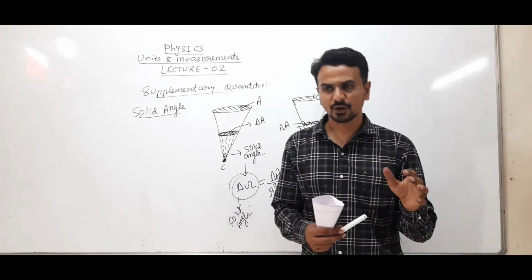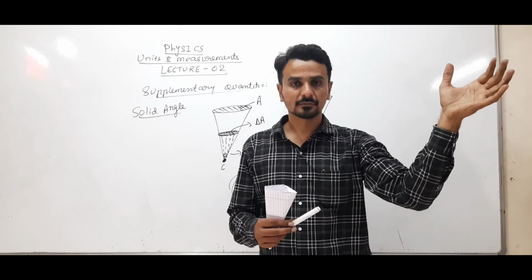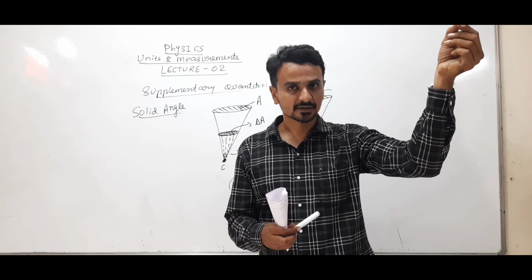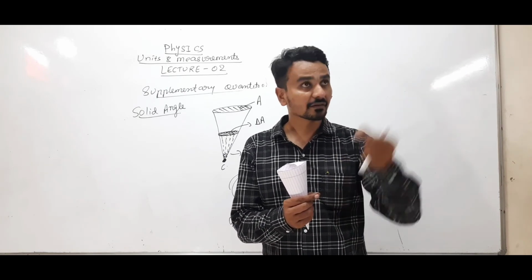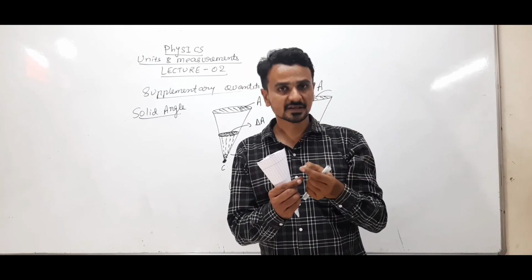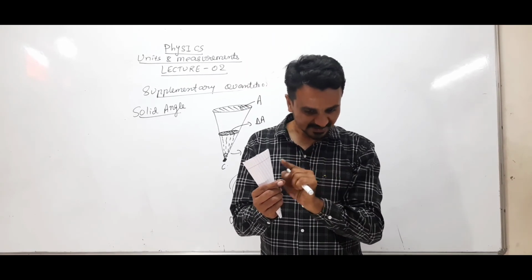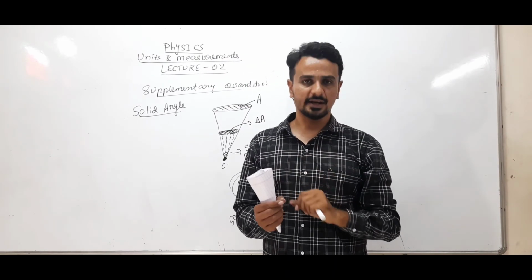So you can take this example also, example of a parachute. This is your parachute, right? Suppose all the strings are meeting here at this point, that means this string, this string, this one, this side. So this angle which is subtended because of this part is known as solid angle. Clear?